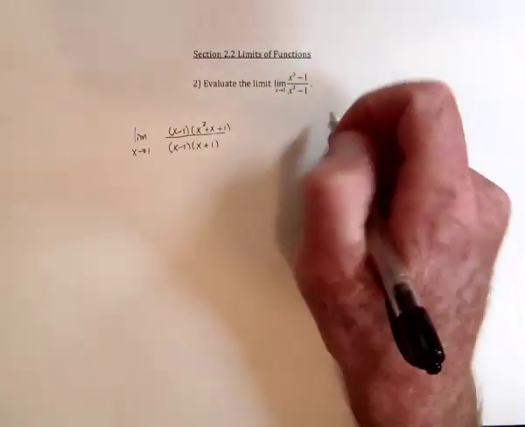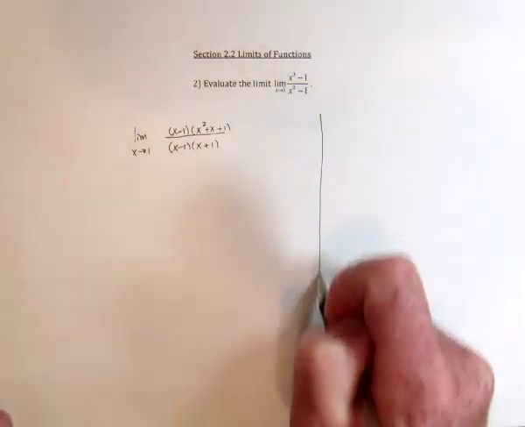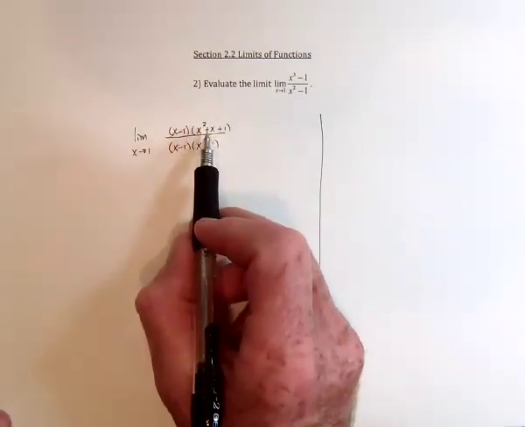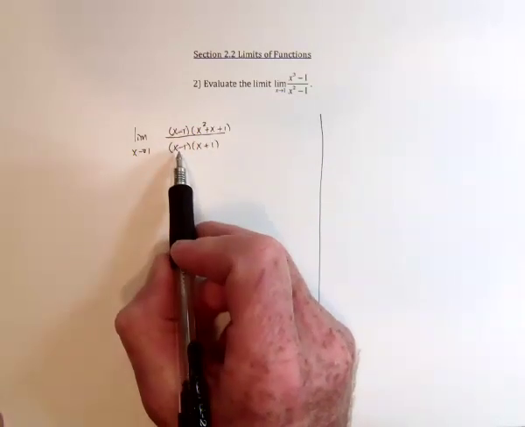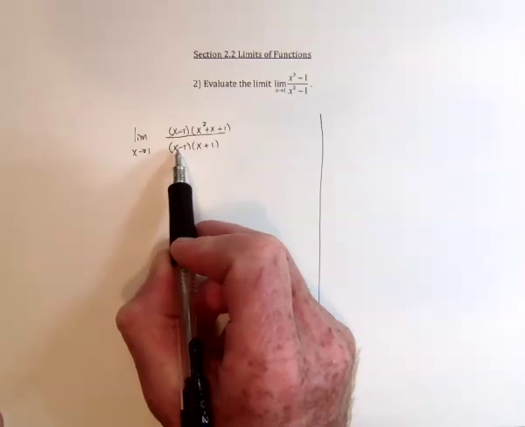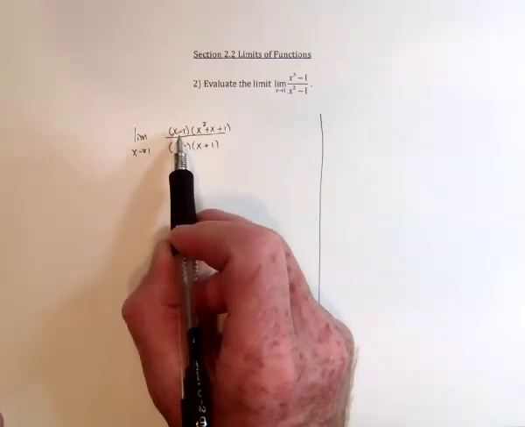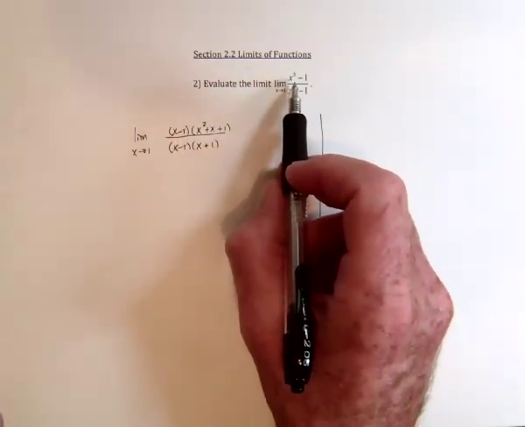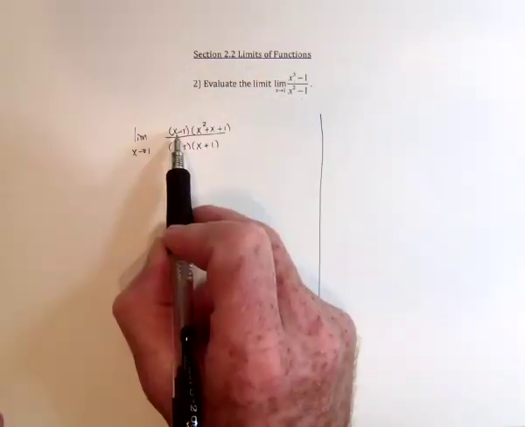But back to this idea, what if you didn't remember how to factor that? Well, one other possibility is you could look at this and say, it's x minus 1 that's really causing the trouble, and the only way I'm going to get it to cancel is if there's an x minus 1 that gets factored out of the top. So you could say this one can be factored out of it.